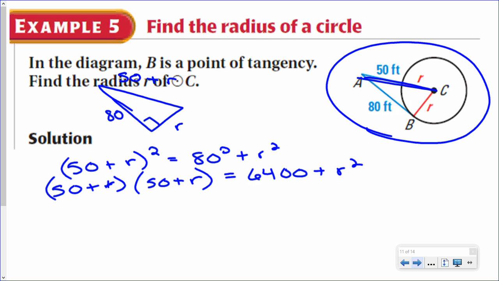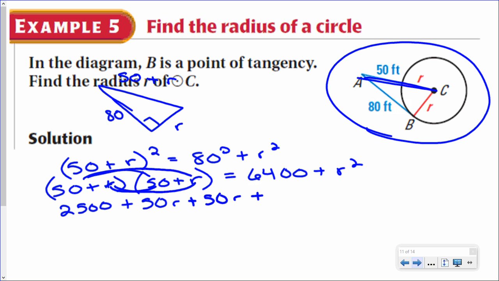This is the FOIL method, where you take first times first. 50 times 50 would give you 2,500. 50 times R would be 50R across the top. Now you go across the bottom, you'd get another 50R. And the last one, R times R, would give you R squared.